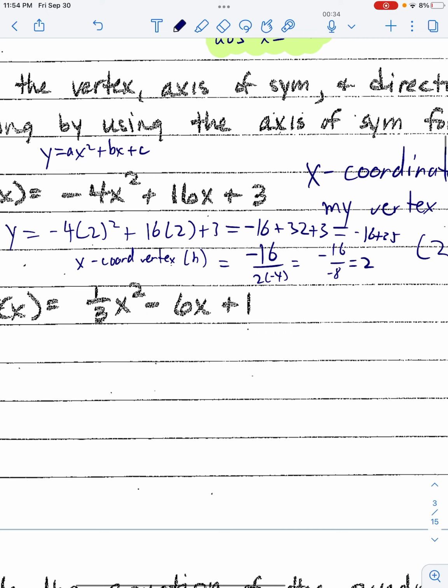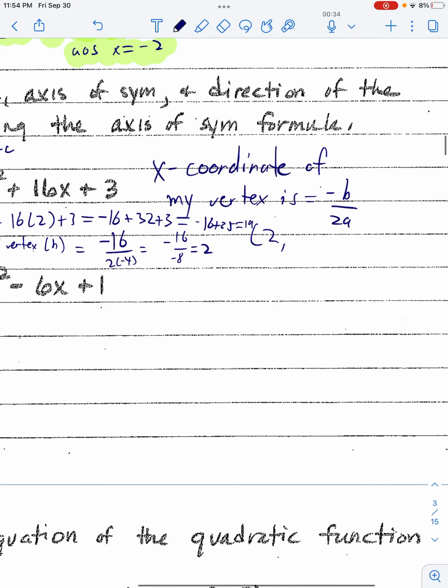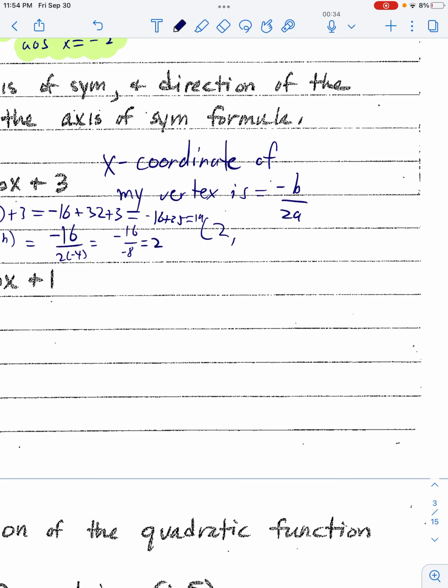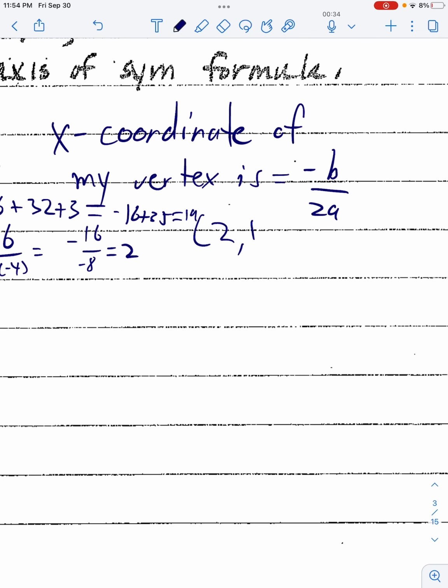It's 19. So the y-coordinate of my vertex is 19. So that's my vertex. Axis of symmetry follows right from that: x equals the x-coordinate of my vertex, which is 2. That's the axis of symmetry.